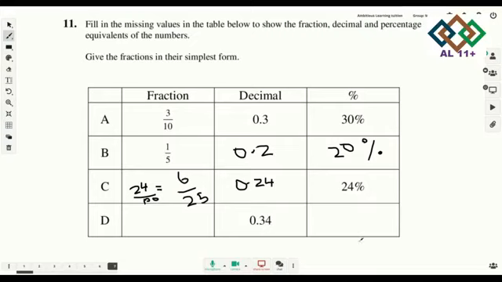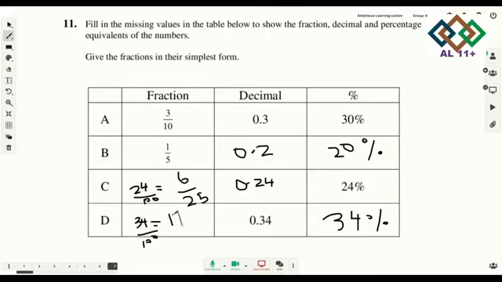0.34. How do you write that as a percentage? Obviously, it's 34%. And how do you write that as a fraction? 34 by 100. And again, try to simplify that a little more and see what answer you can get.